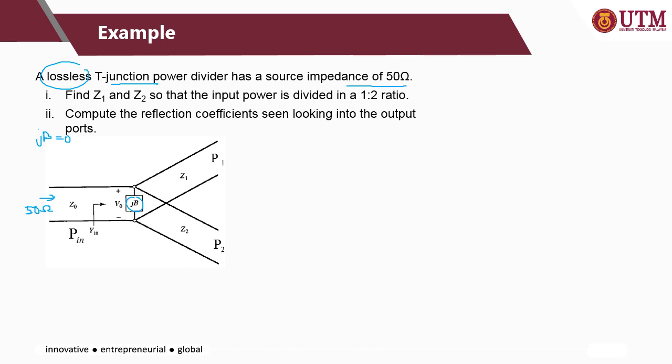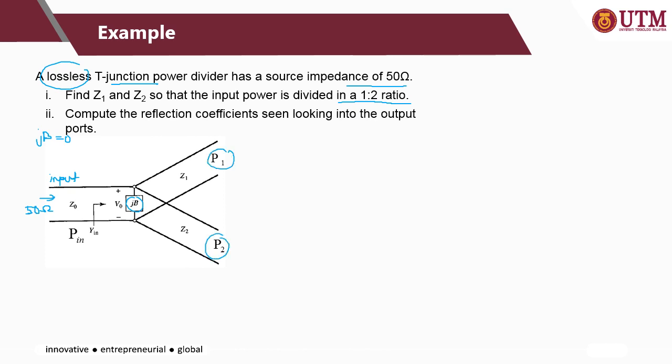The question asks you to find Z1 and Z2 so that the input power is divided in a ratio of 1 to 2. Meaning that this power divider doesn't provide equal power division to port 1 and port 2. This is the input port, and the output ports are port 1 and port 2.